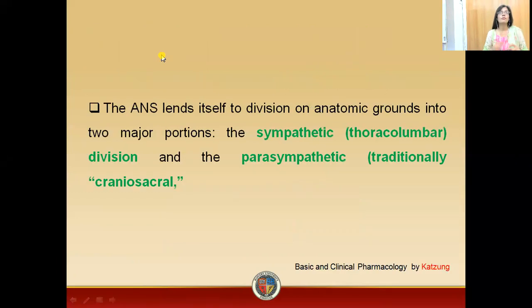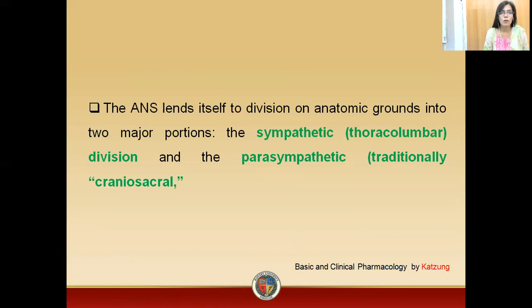Now, from the anatomical point of view, we divide our autonomic nervous system into two major systems. The first one is the sympathetic division and the second one is the parasympathetic division.